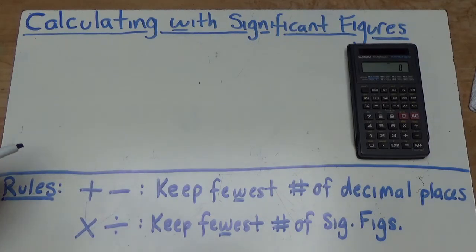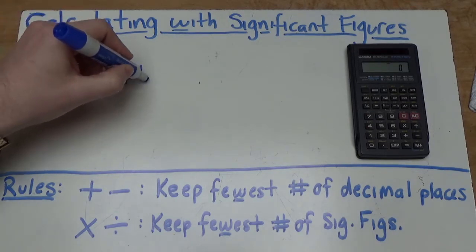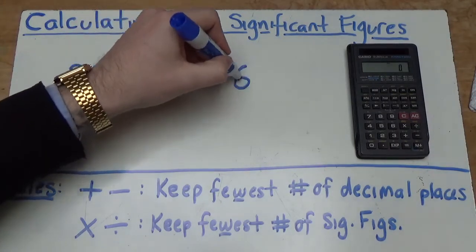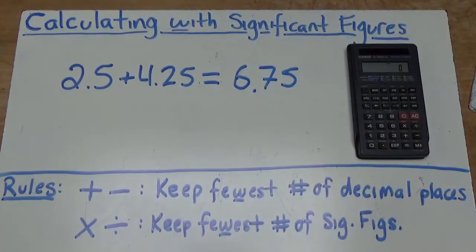problem. For example, if I were to see the problem 2.5 plus 4.25, my calculator will tell me an answer of 6.75. We rely on our calculators every day, but with significant figures, this is actually going to lead us astray.